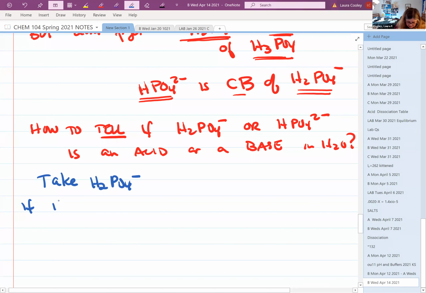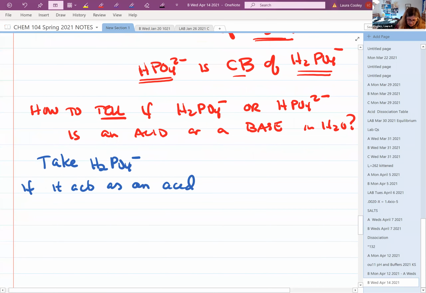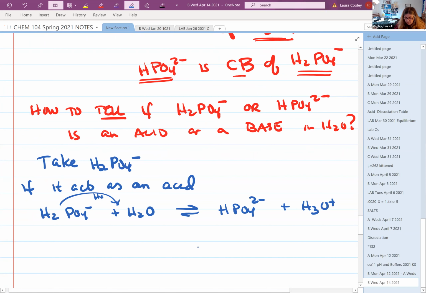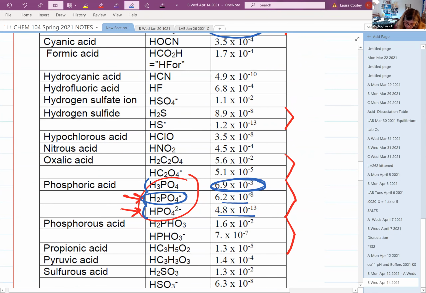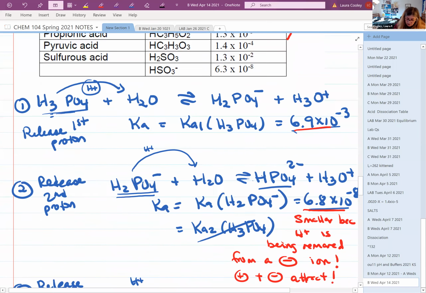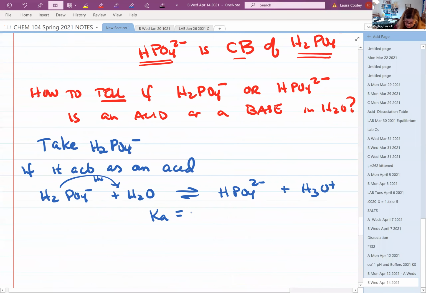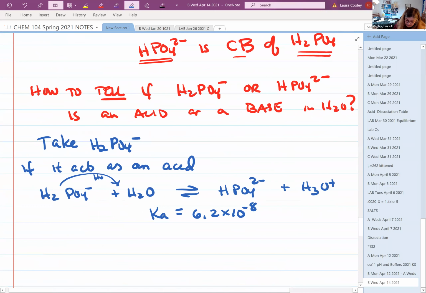If it acts as an acid, then we know what it does. It donates a proton, as I've showed you already. And we know the Ka for this because it's on the chart. It's the second one down, right? It's this one. This is the Ka, 6.2 times 10 to the negative 8th. The question is, what if it acts as a base?